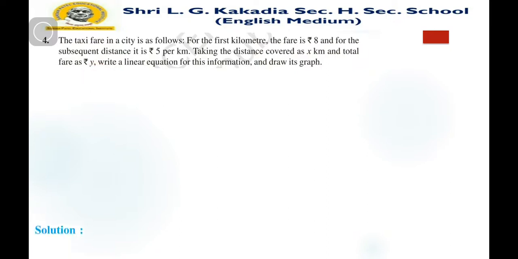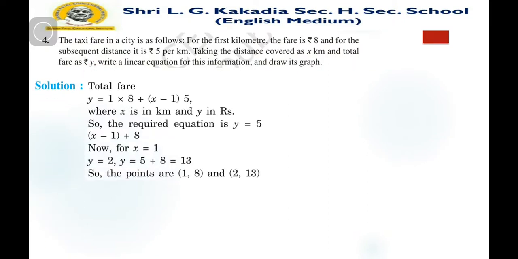So we can find the total fare. Y is equal to: for the first kilometer we pay rupees 8, and the total distance is x. So we have to subtract 1 kilometer from the total distance, because for the subsequent distance we are going to pay rupees 5.